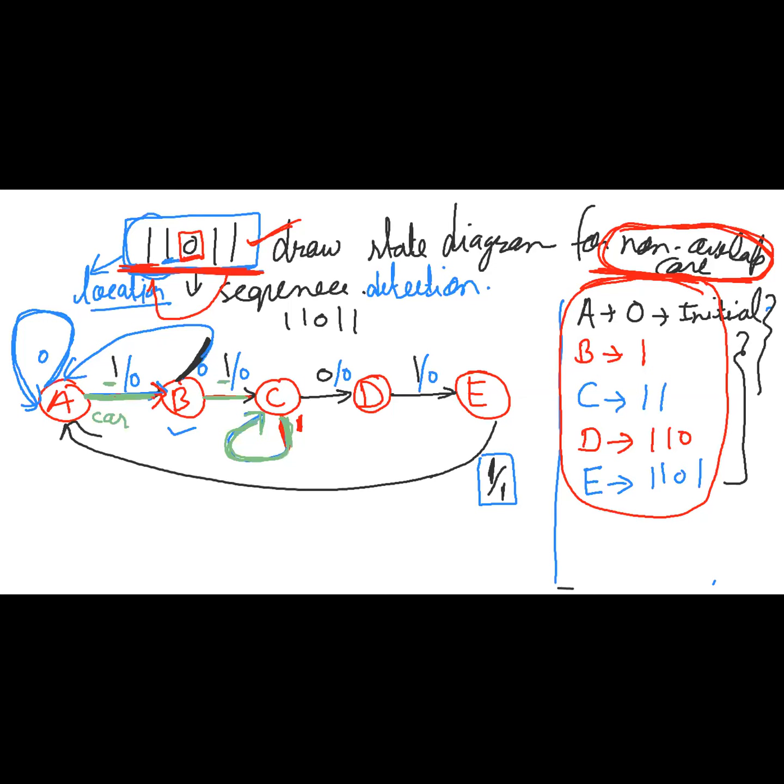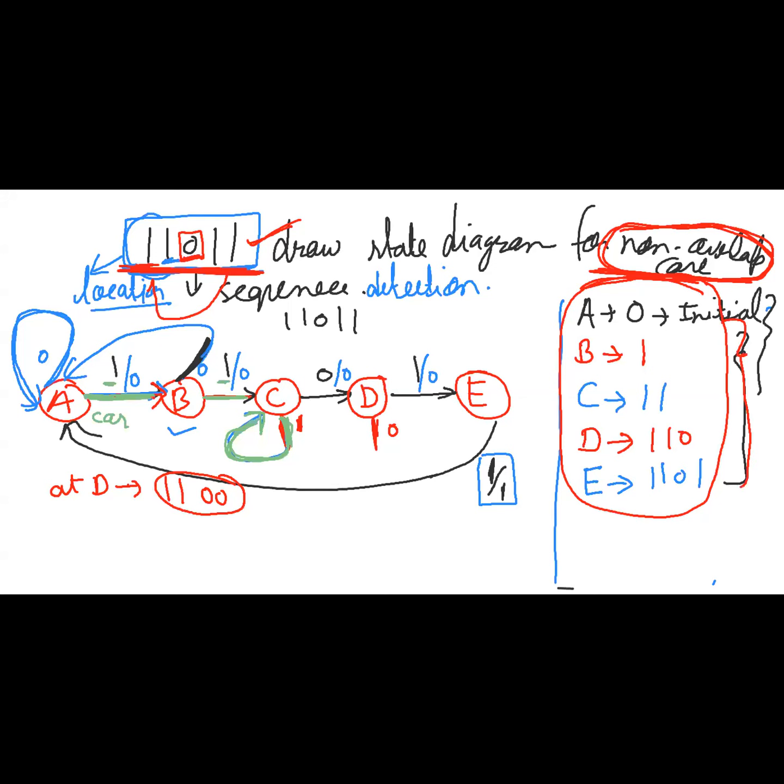Which state is left at D? 110. At D, you finish one. Zero is left. So at D, how do you reach the zero location? You need to start from the beginning. So 1, 1, 1, 0, 0. 1, 0, 0. Do you have the complete sequence available out of these five?